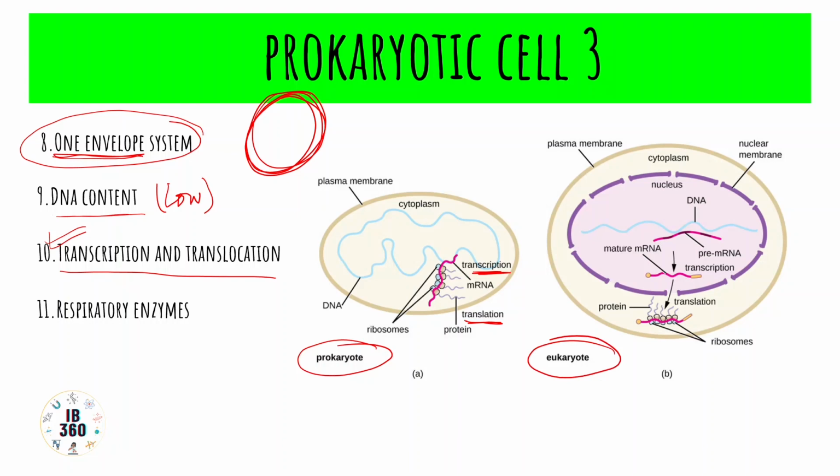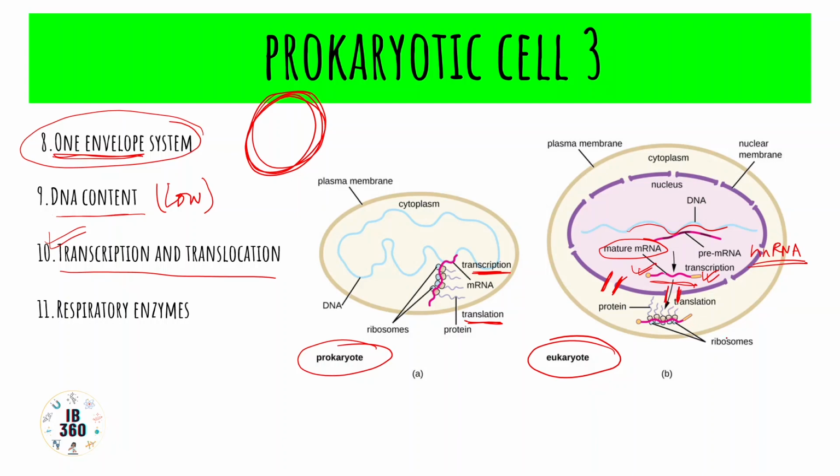eukaryotes? We know eukaryotes have a well-defined nuclear membrane and nuclear pores. Inside the nucleus, from the DNA template, transcription will take place and hnRNA will be formed, which will get processed to form the mature RNA. It will have a capping and a tailing. Now this mature RNA will travel through the nuclear pores to the cytosol.